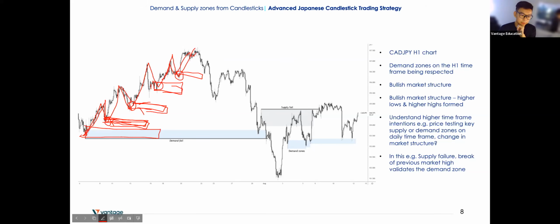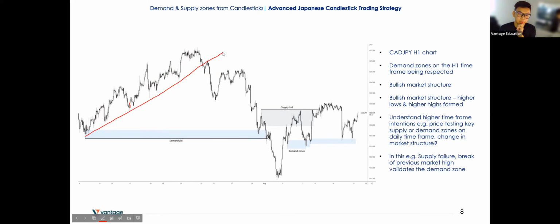Okay, so again, this demand failure here, right? It's really on a higher time frame. Based on this chart, there is this move upwards, and basically this was the last high, last low that pushed this price up. So buyers were entering here, and basically they were in profit at this point in time, right? So how do we actually look for reversal at this point in time?